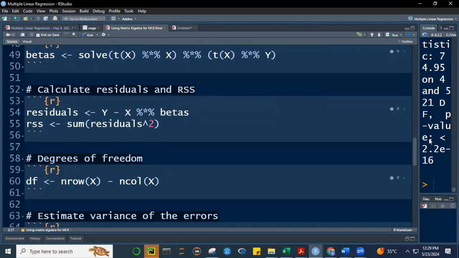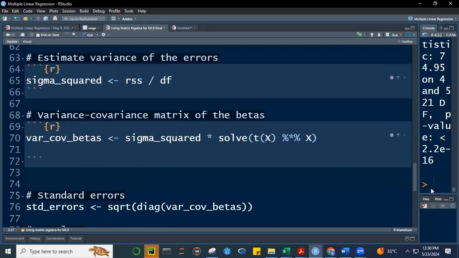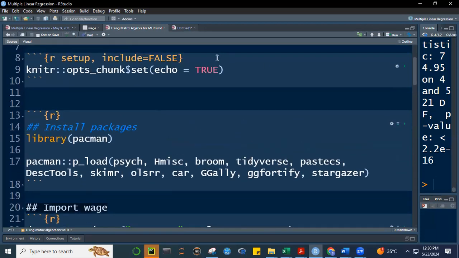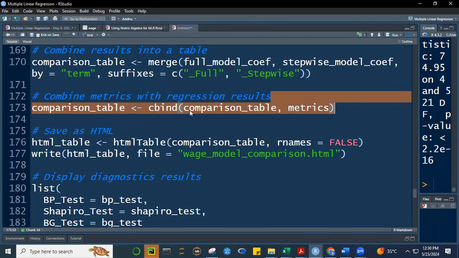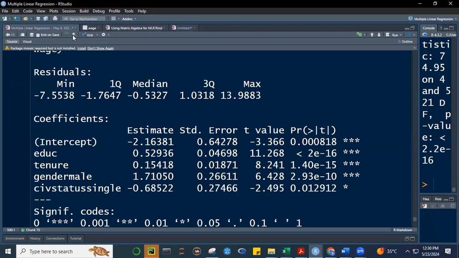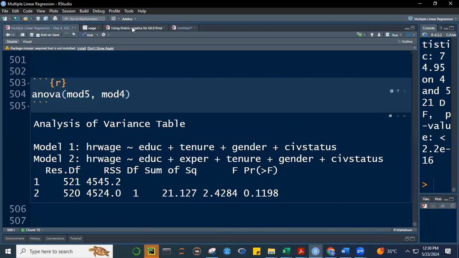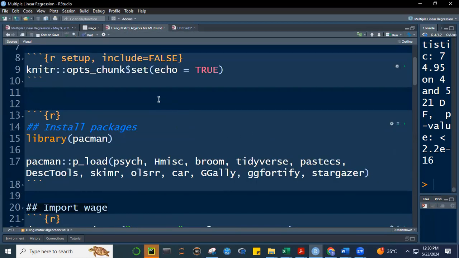Oh, it's not here. I'm sorry, it's not in this file, but next meeting we're going to show you this equation.